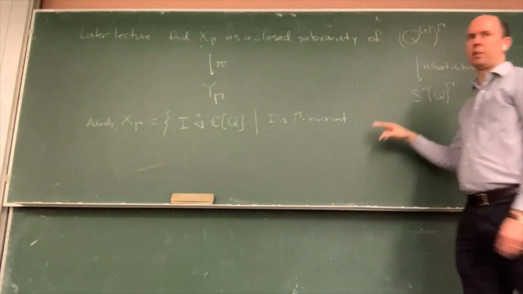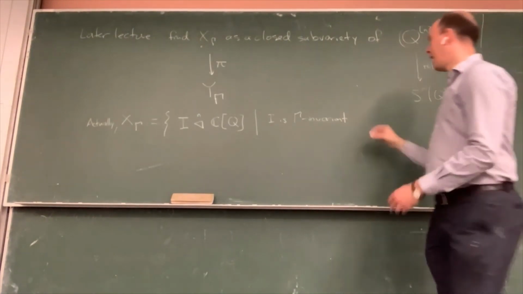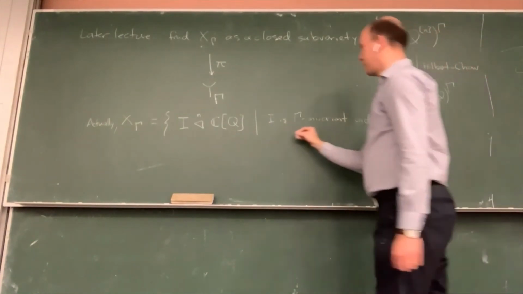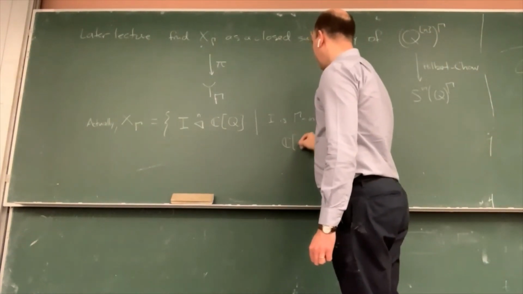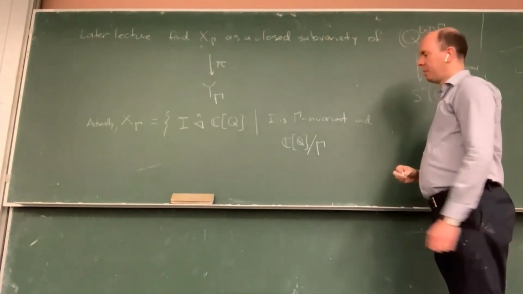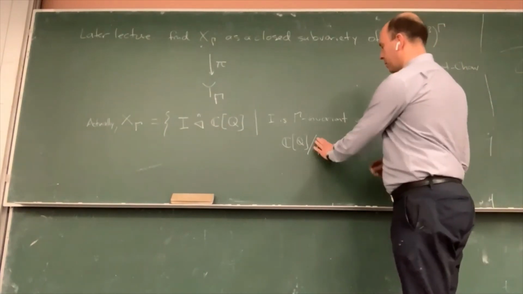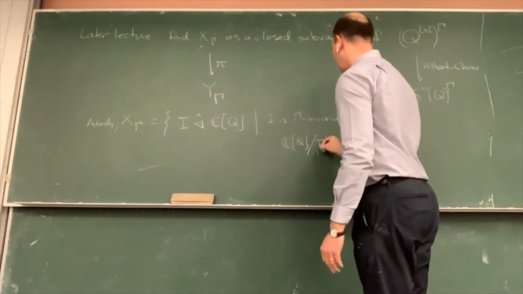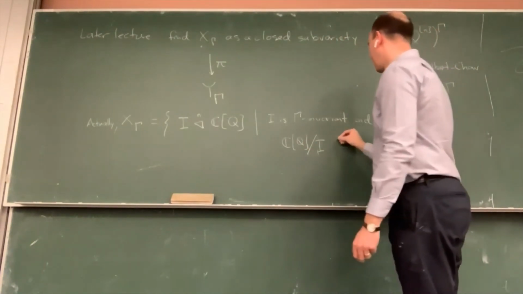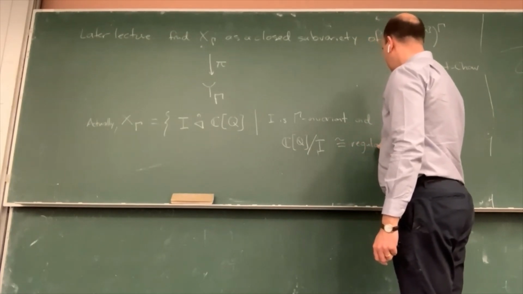So that's just saying that you're in the fixed point set of the Hilbert scheme. And moreover, the extra condition you need to get the right connected component is that since I is gamma invariant, if you look at the n-dimensional quotient, this is now a representation of gamma. So gamma acts on this n-dimensional space, and you require that this is isomorphic to the regular representation of gamma.